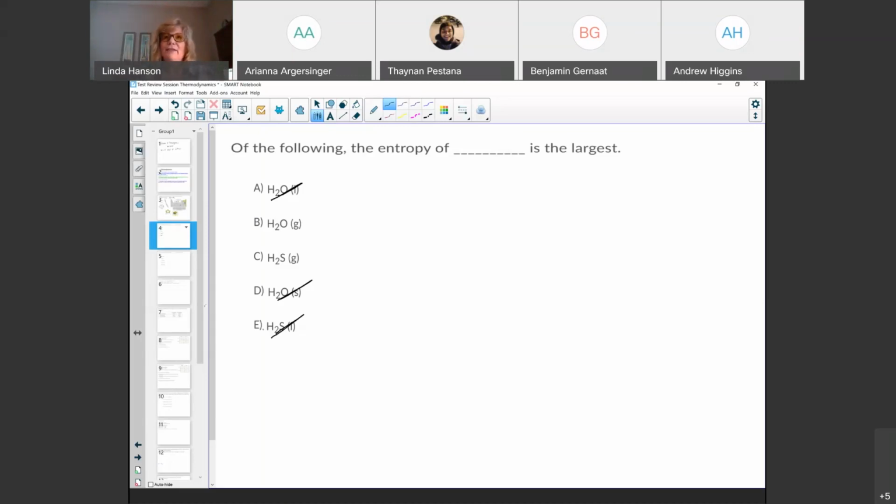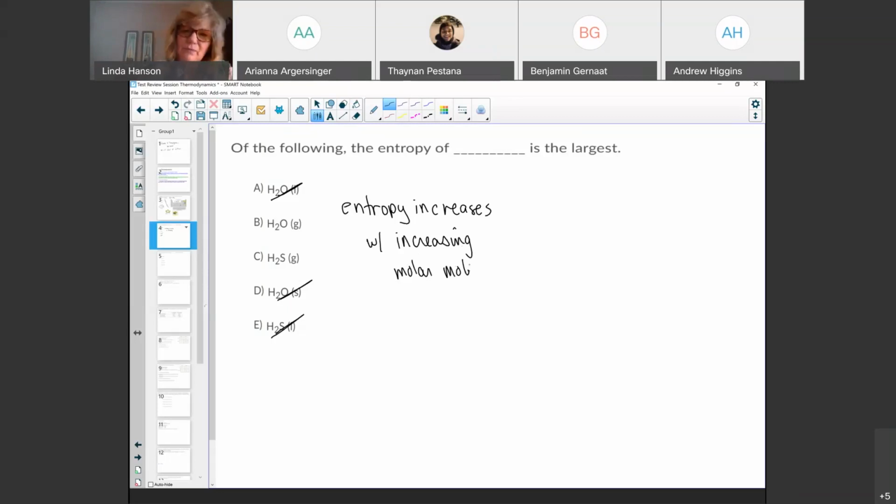And this is a trend that you'll see in so many different questions that are asking the same thing. It goes back to when we learned this key principle. Entropy increases with increasing molar mass. The heavier the molecule, the higher the molar mass.